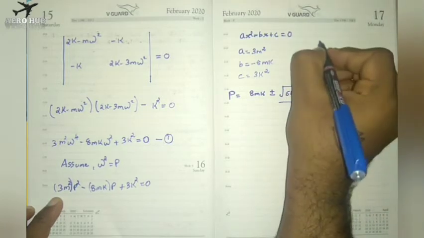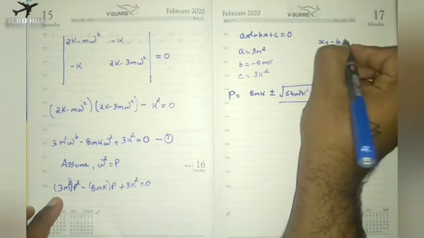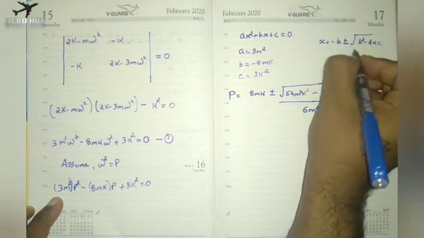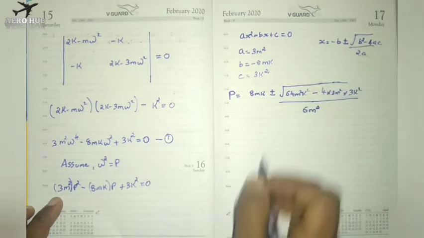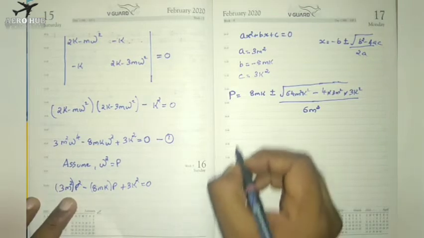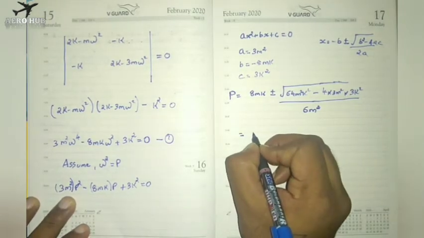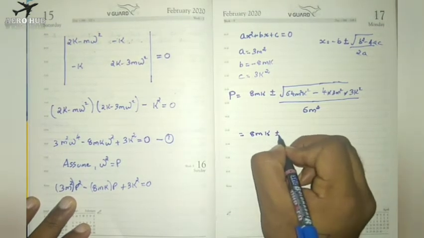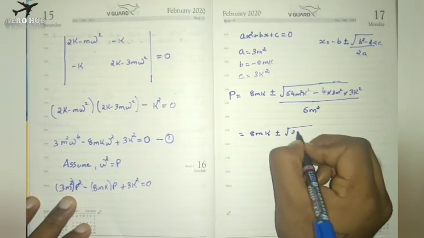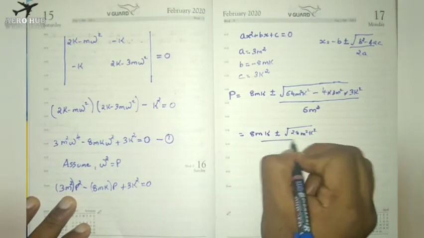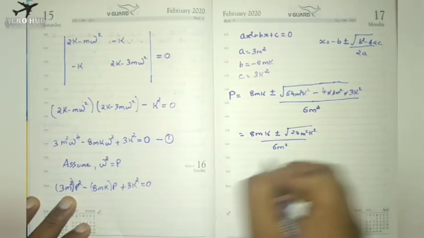The general equation is x equal to minus b plus or minus root of b square minus 4ac by 2a, the formula for the roots of a standard quadratic equation. Now we solve it. It will be 8mk plus or minus root 28 m square k square divided by 6m square.